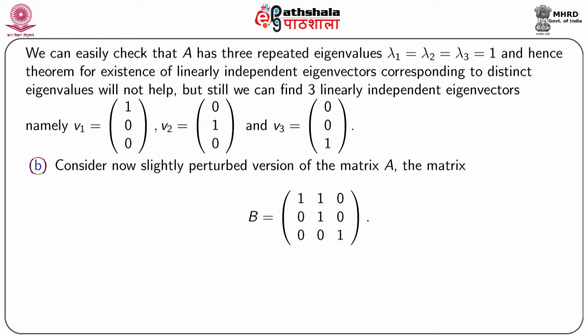We now consider a different matrix B, a modified version of A, which is given as B equal to 1 1 0, 0 1 0, 0 0 1.